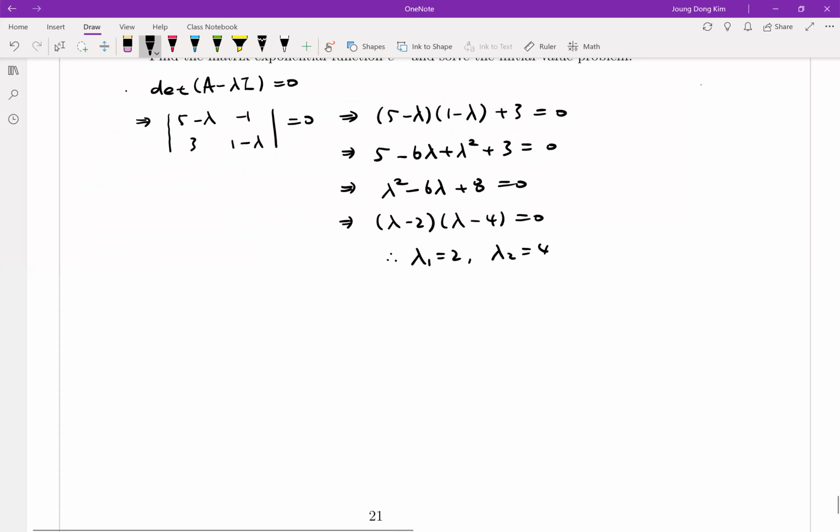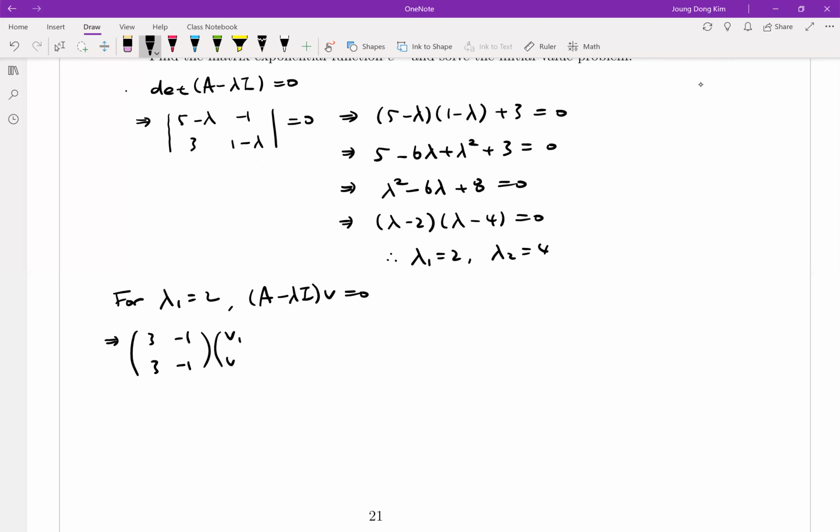To find the eigenvector, let me take lambda 1 first. Then we solve (A minus lambda I)v equals 0, which is [3, negative 1; 3, negative 1] times [v1, v2] equal to the zero vector.